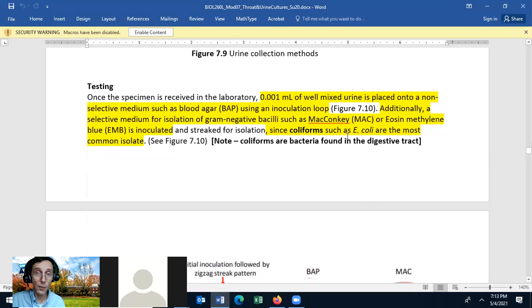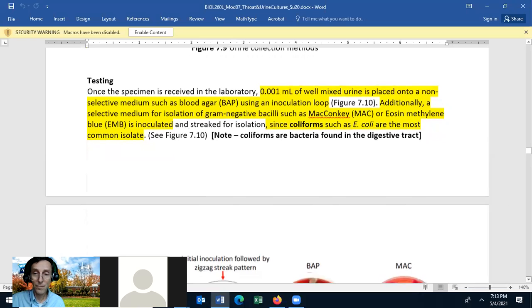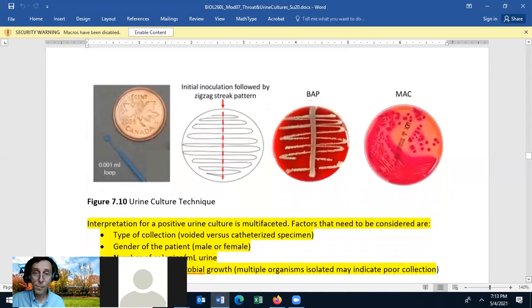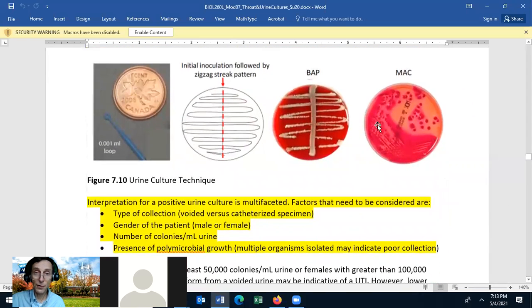So they will grow on the MAC and the eosin methylene blue plate, whereas the gram positives will not. This shows that this bacteria growing on the MAC plate is gram negative, and it's also pink, so it's fermenting the sugar lactose.